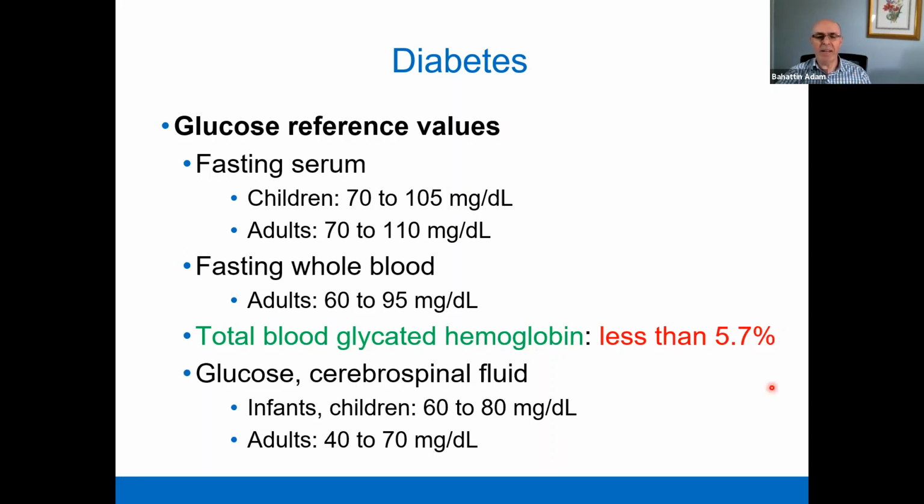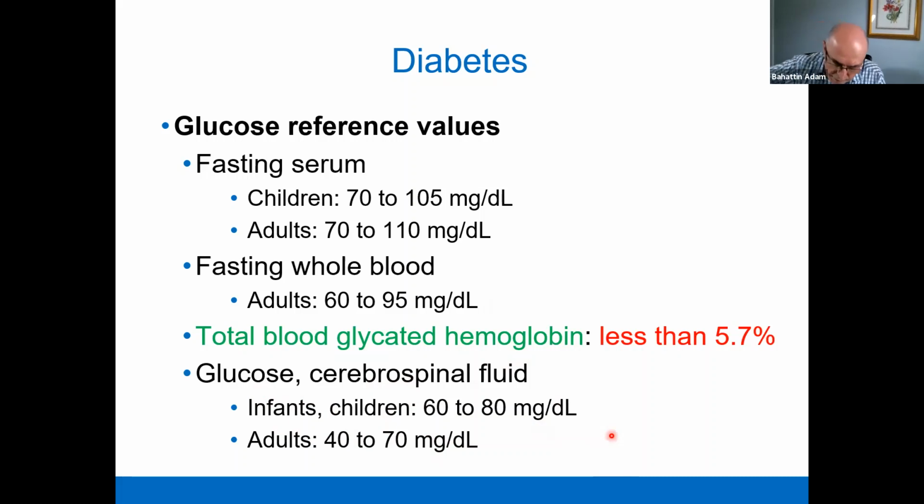Let's see, if you have a blood circulation glucose of 80 milligrams per deciliter, 2 in 3 means the cerebrospinal glucose level is supposed to be around 60 milligrams per deciliter.